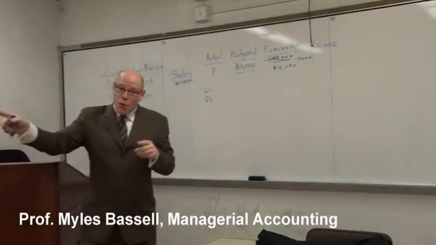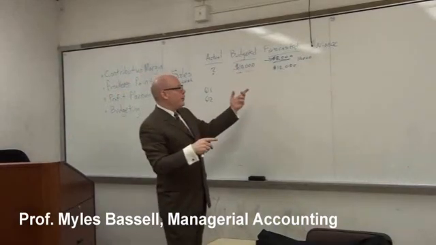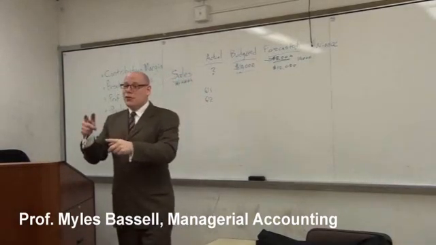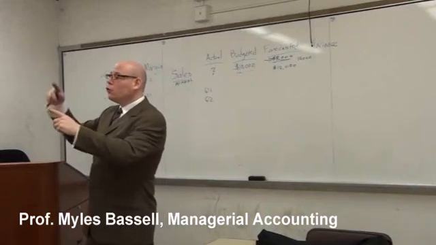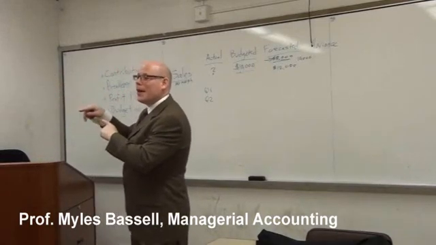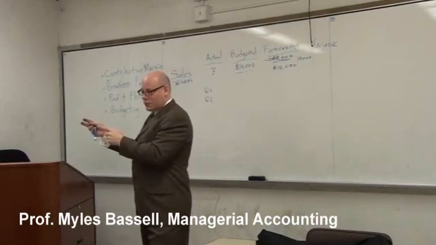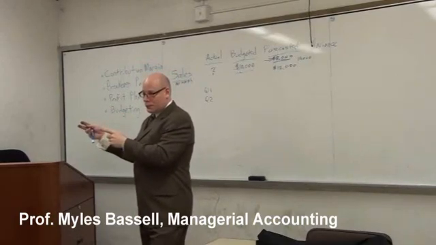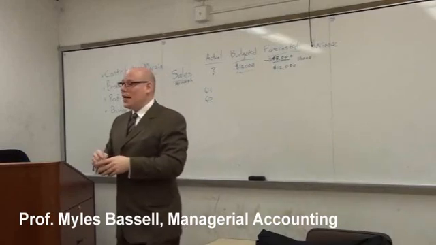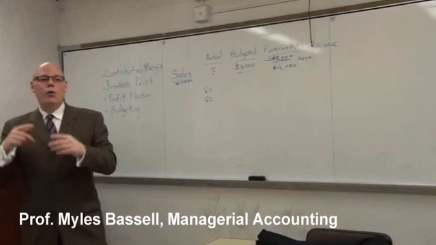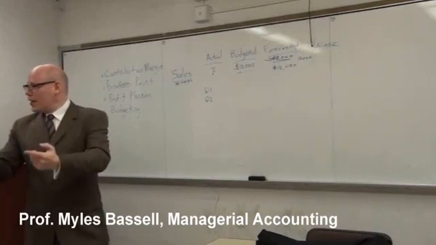Because in a price-sensitive market, remember we looked at that scenario, ideally what would happen if we lowered the price 10%, total revenues might increase by 20% or 25%. So our contribution margin actually might be higher, because we're going to sell more units at a lower price.